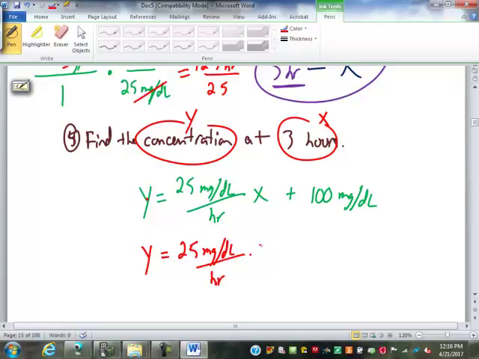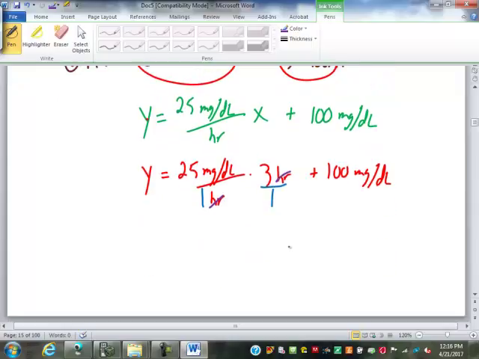So the 3 hours goes in for x. Now we make the 3 hours into 3 hours over 1, and the 25 milligrams per deciliter over 1 hour, so that our hours will cross cancel.